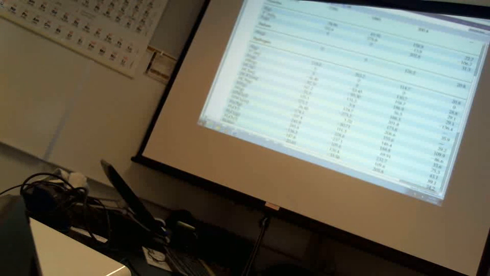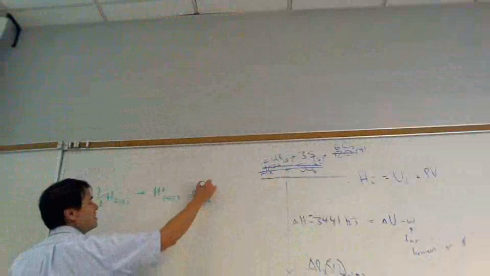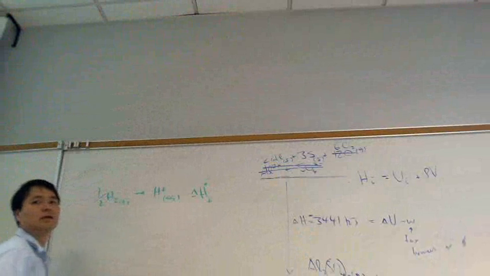This is delta H, delta H of formation. It's formation of 1 mole of H plus from the elements in their stable state. And it has this little superscript. What does that little superscript 0 mean?